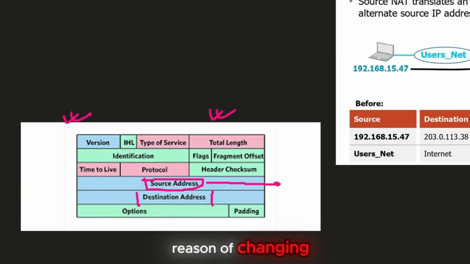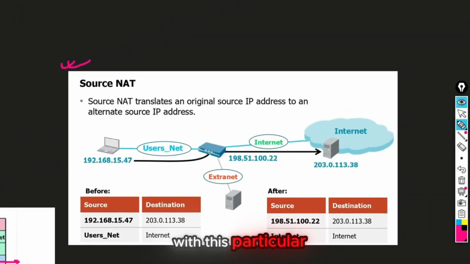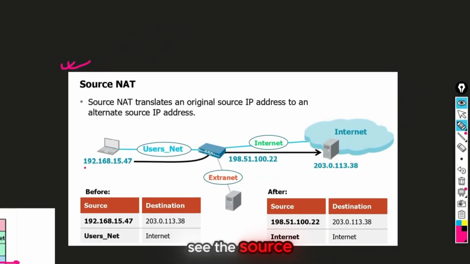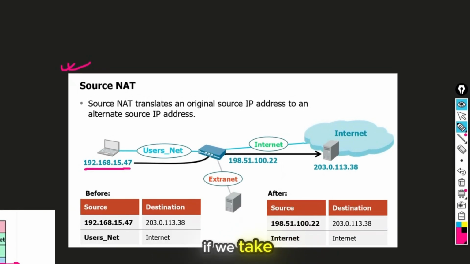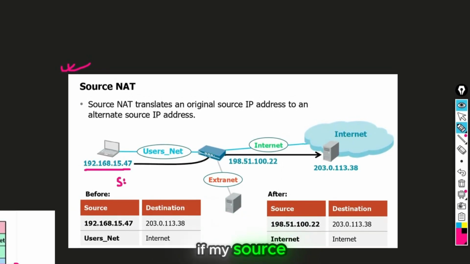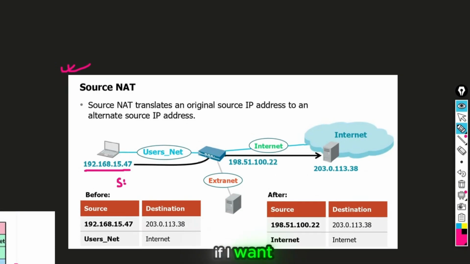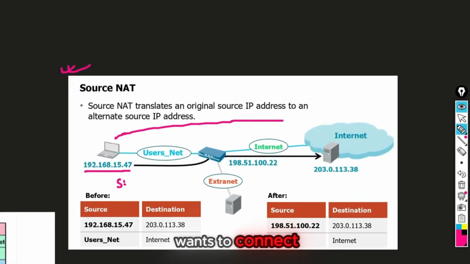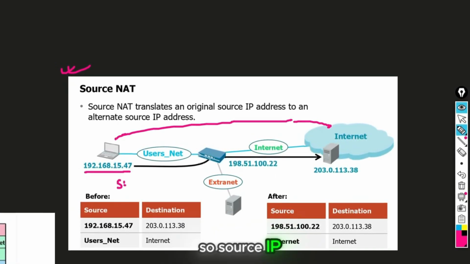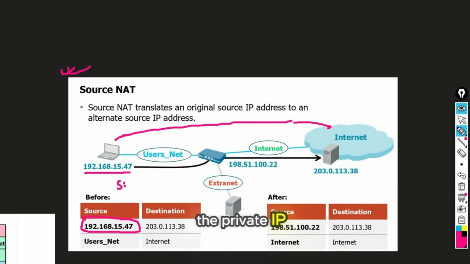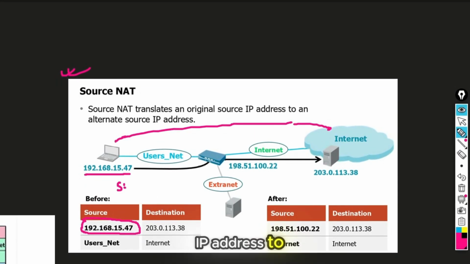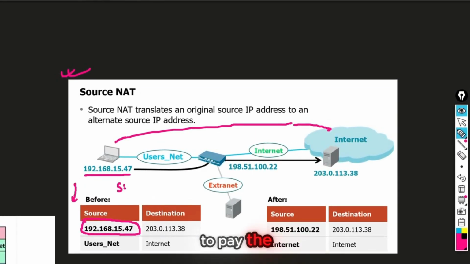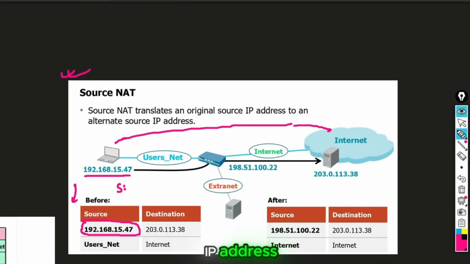Now, what is the reason for changing the source IP address? Let's understand with this diagram. Let's say this PC wants to connect to the internet. The source IP address will be the private IP address, because we can assign a public IP address to the PC, but we have to pay rent for the public IP address.